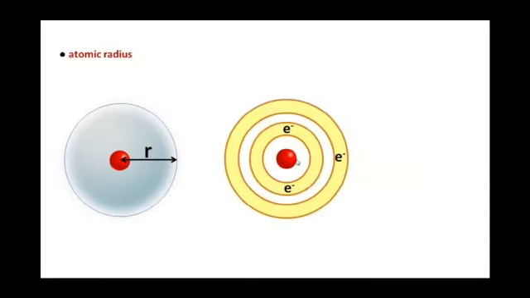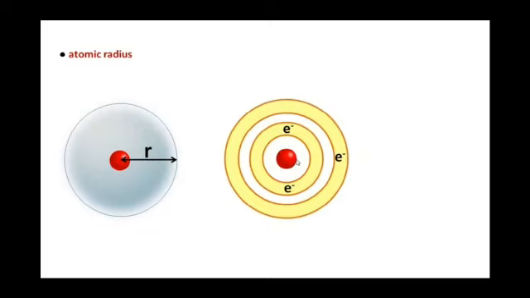Consider an atom containing more than one shell. For example, the first shell contains 2 electrons and the second shell contains 1 electron.